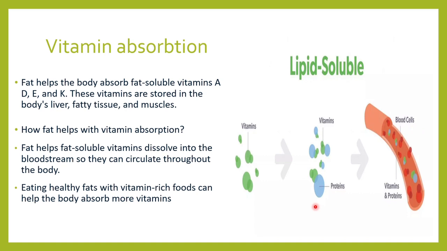These vitamins A, D, E, K have various important roles in the body to maintain the eye health, bone health, skin health, and for coagulation, everything we require this fat soluble vitamin.